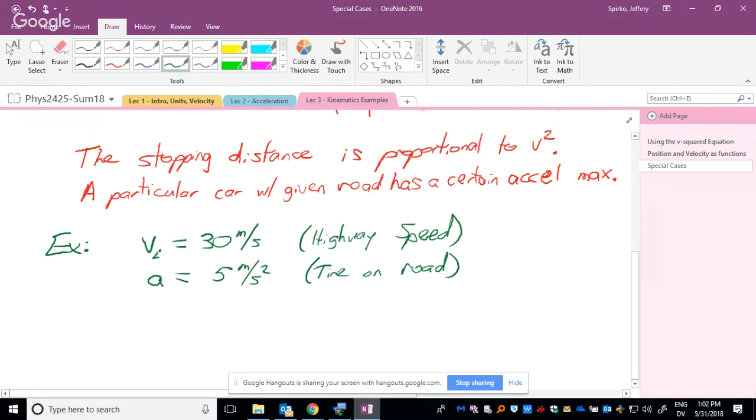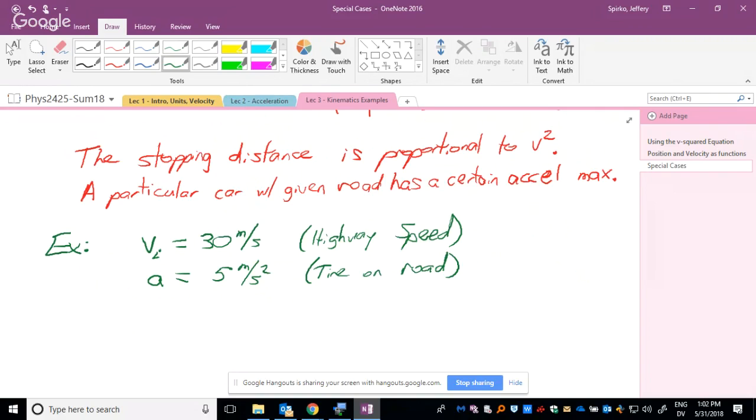Depending on the road conditions, depending on how much dirt and dust is on the road, you could get up to a maximum of around maybe 8 meters per second squared of acceleration. Race cars have softer tires that are designed to get better grip on the road, so they might be able to get an acceleration up to like 10 or so meters per second squared.